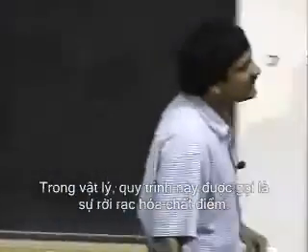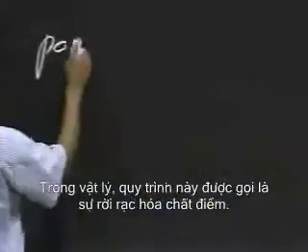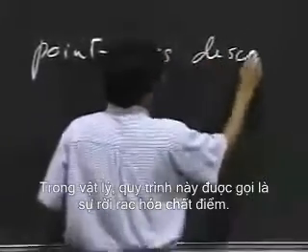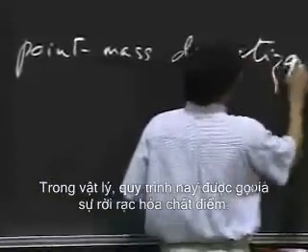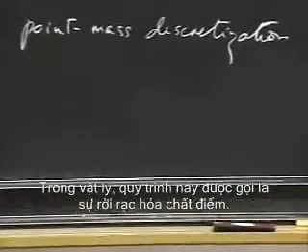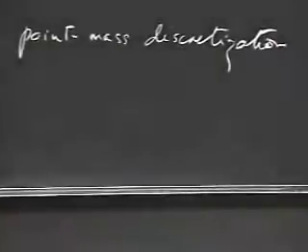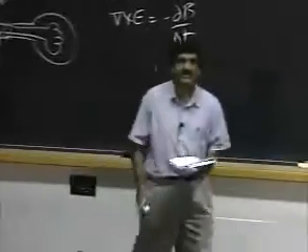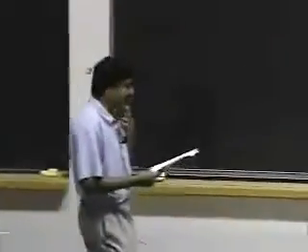This process is called, in physics, point mass discretization. Now, use that analogy, and I'm going to show you a similar simple process to do the problem with the light bulb.